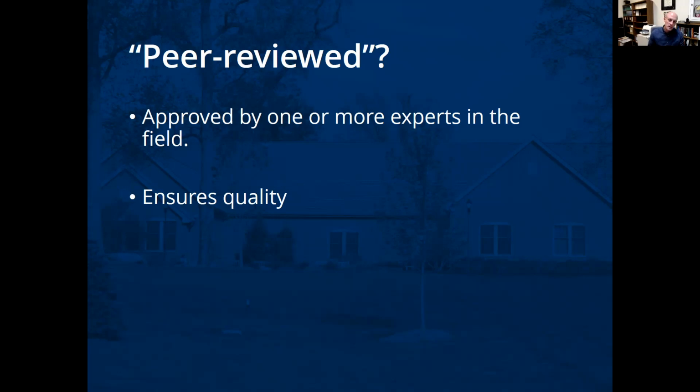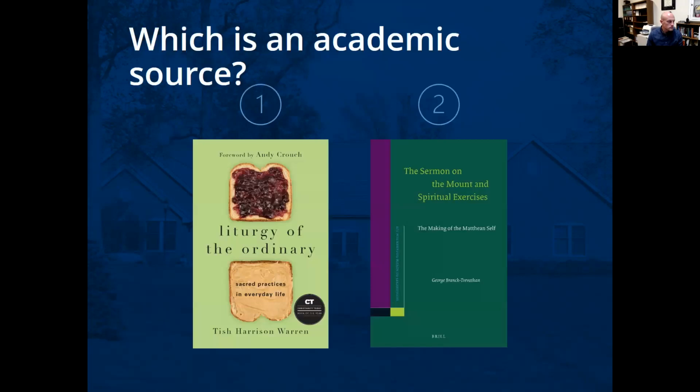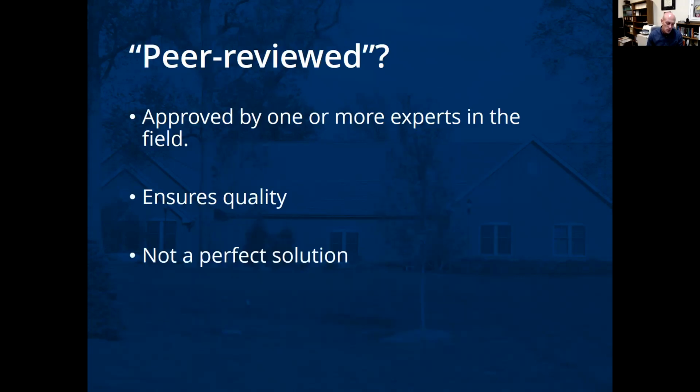Just because an article is peer-reviewed doesn't mean that everything in it is accurate, but it does help to ensure quality. And like I said, it's not a perfect solution.